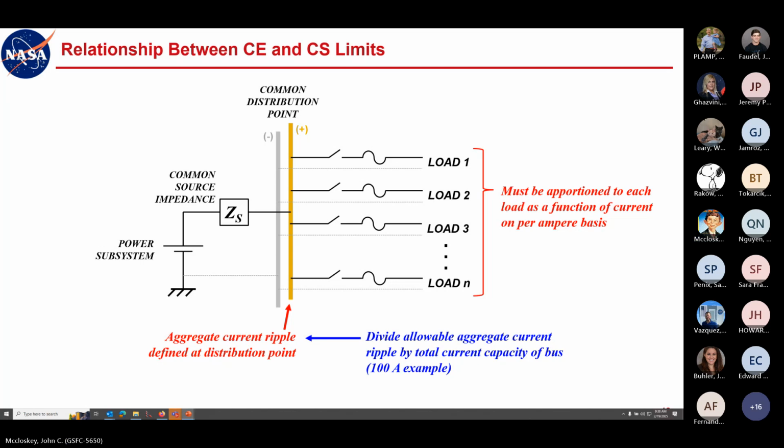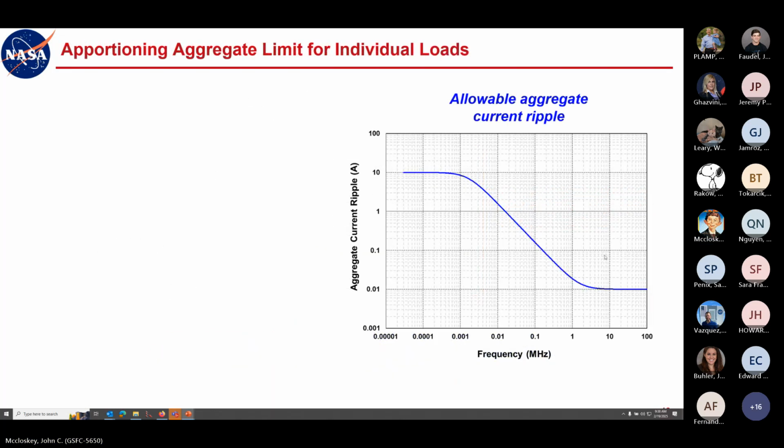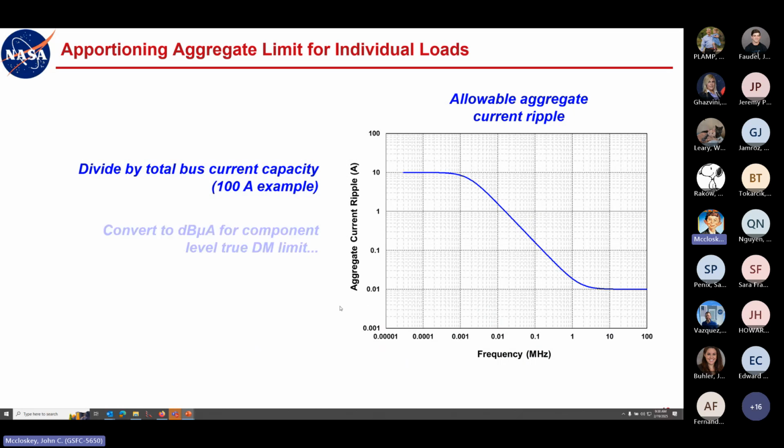In fact, for RST, when I worked through this for some waiver requests, that's where that came from, at least most recently. That 100 amps is about what we're using on RST. So we divide this curve by the total bus current capacity, so 100 amps in this example.